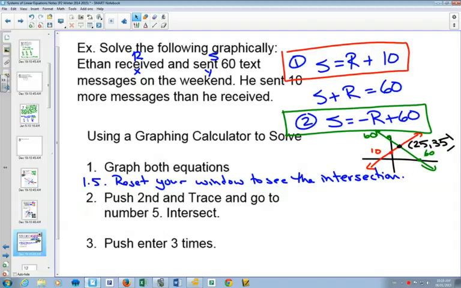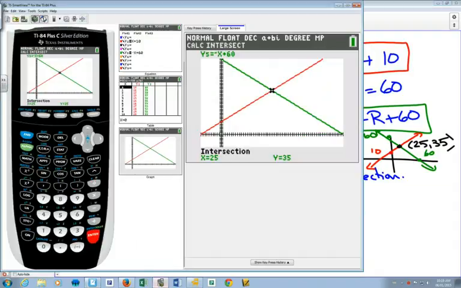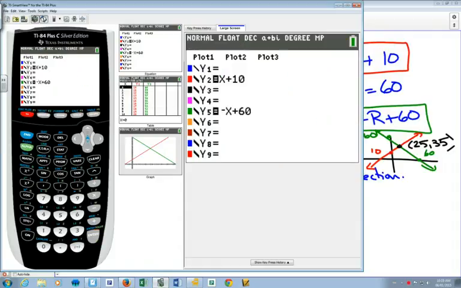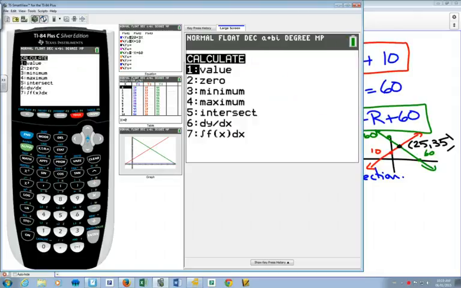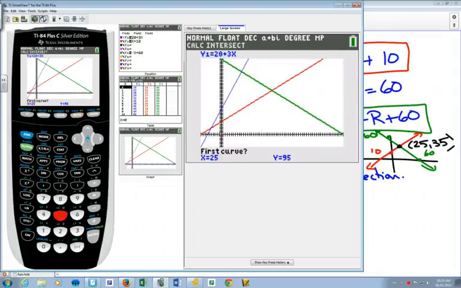Well, if I go to my graphing calculator, and let's say I had an additional line, 20 plus 3x or something like that. So here I've got an additional line. If I want to find where the green and red ones cross, when I go to second calculate, intersect, I have to make sure that my first curve, see right now it's on the green one.